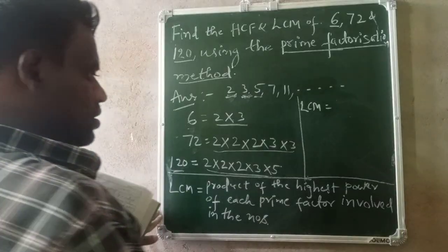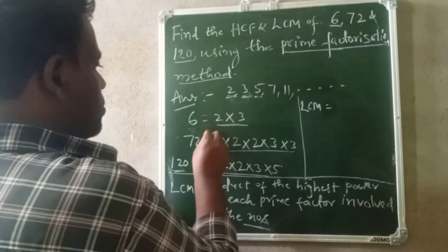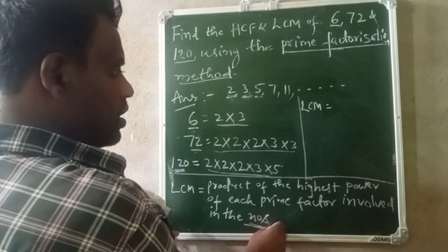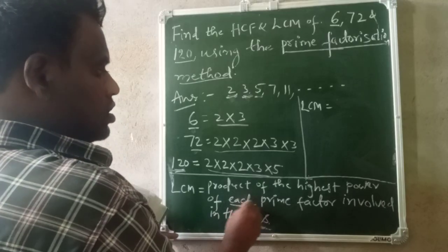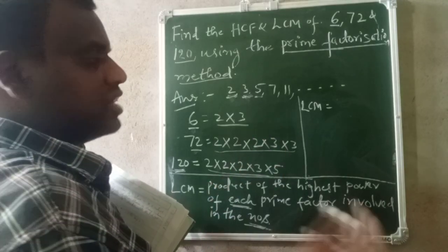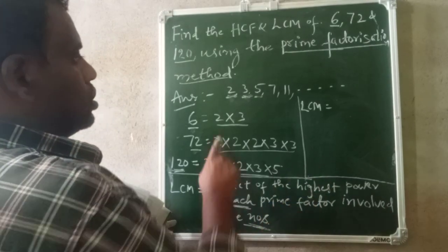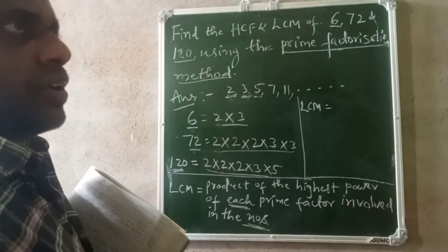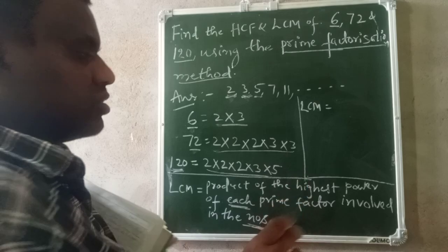Now see, first, numbers: that means you have to consider all three numbers, 6, 72 and 120. Each prime factor involved in the numbers. Each means all the prime factors you have to consider. All prime factors means 2 here, also 2 here, also 2 here. But when I say consider all prime factors, you take 2 only once.